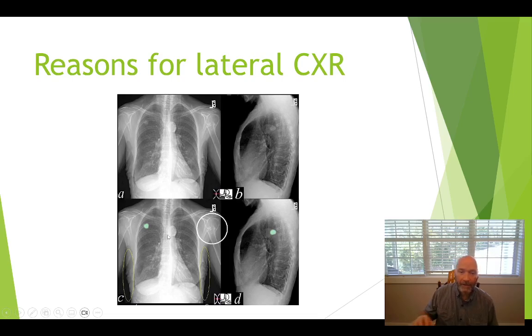So if we look at the PA and we look at the lateral, we get a better understanding of where that lesion might be. If that lesion was down here in the middle of the lung, it would make it very difficult to identify just off of the PA whether it's in the upper lobe, middle lobe, or lower lobe, because it could be in any one of the 3.